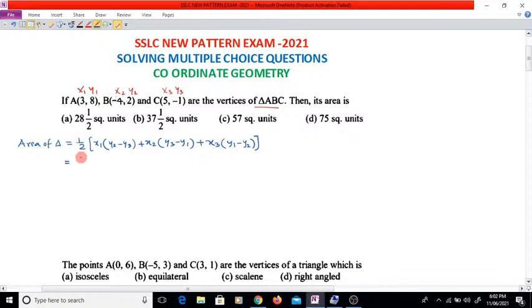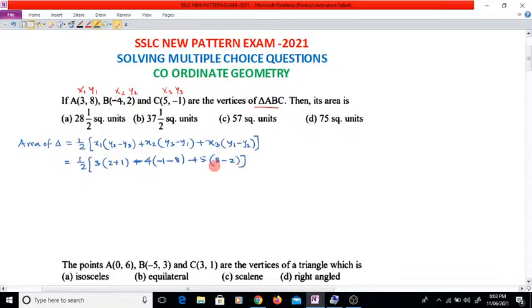So this is equal to 1/2 into bracket, what is x1? x1 is 3 into (y2 is 2 minus y3 is -1), that is plus 1, plus x2 is -4, so we will make this as -4 into (y3, that is -1, minus y1, that is 8), then x3 is 5 into (y1 is 8 minus y2 is 2).